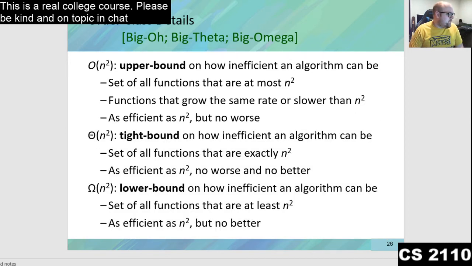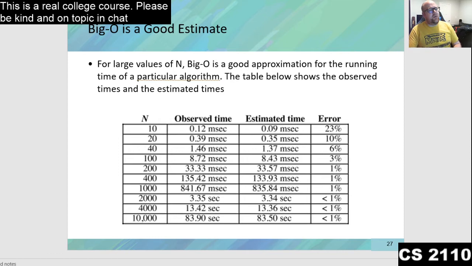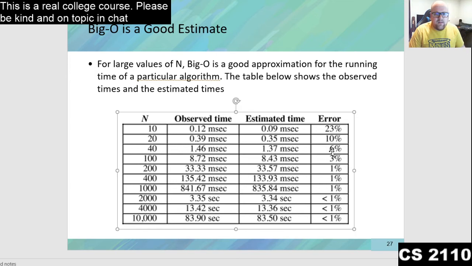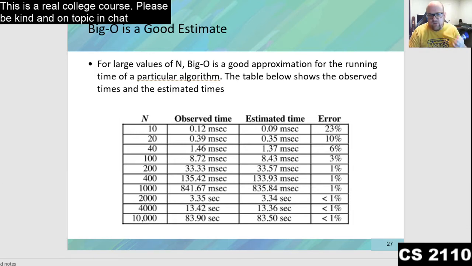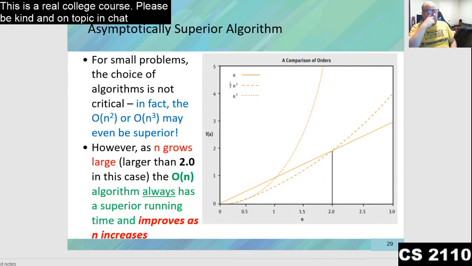It turns out that these big O notations can be used to make pretty good estimates, specifically as n gets larger. When n is small, we'll get kind of large error rates in the estimation of the runtime, but as n gets larger, our estimations will get more and more accurate. So again, an algorithm is better if it has a smaller rate of growth. This is the same idea as before.